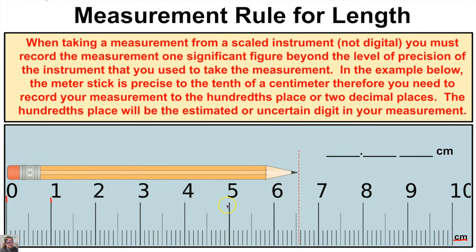So when we take a measurement using this meter stick, for example the length of this pencil, we have to do so one significant figure beyond the level of precision of our meter stick. Our meter stick is precise to the 10th place.